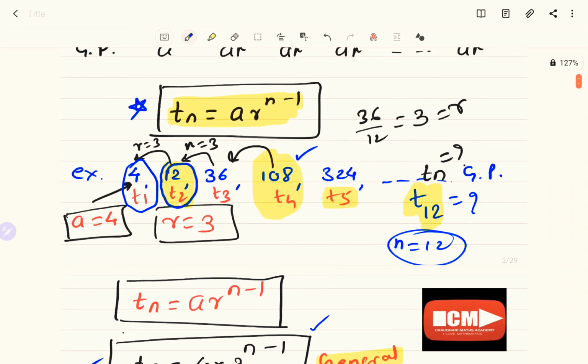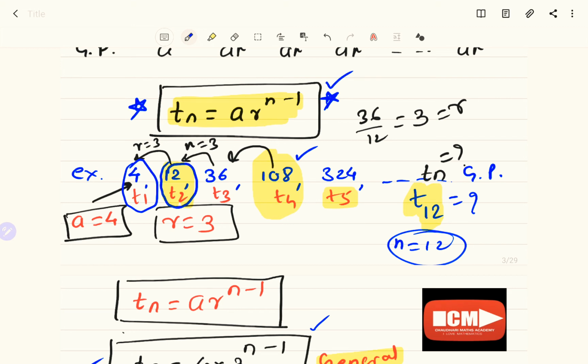Therefore Tn is called the general term of that sequence. In this particular case, Tn is nothing but the general term of the geometric progression, and by selecting any n value, you can find any number from that sequence. If you want the seventh term, just substitute n equal to 7 in this formula.